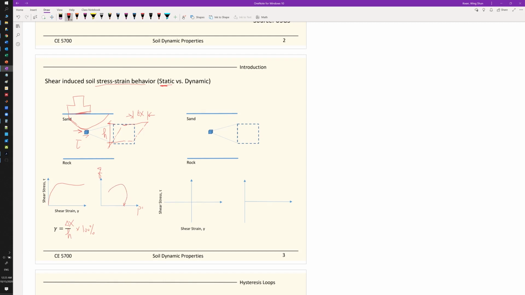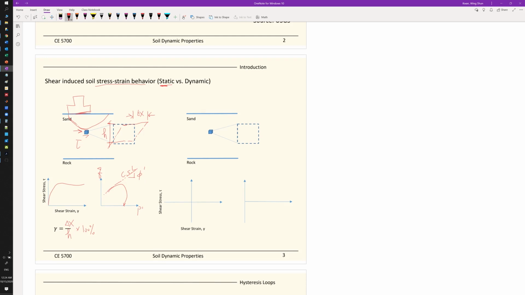If this is a loose soil, we talk about all this in 366, 566, and then we talk about critical state soil mechanics, and this is the critical state line, with the soil friction angle there. So that is the soil mechanics part that we talked about before, when the soil is subject to a static loading.